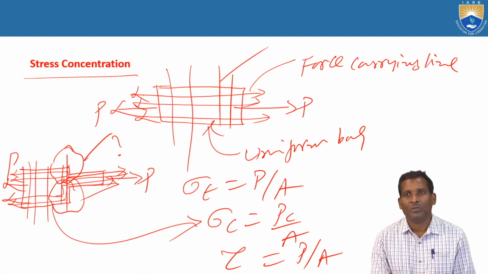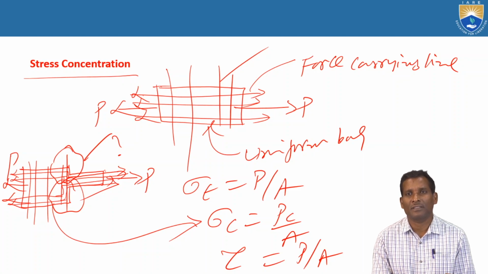Two types of stresses are there: one is normal stress and the other is localized stress. Where the cross section changes its shape or dimension, localized stresses are induced and stress concentration will be present.